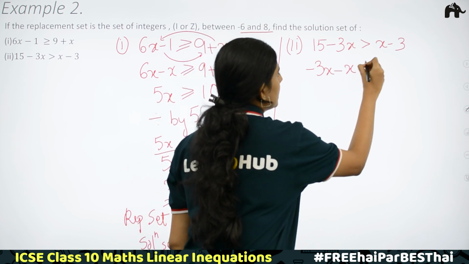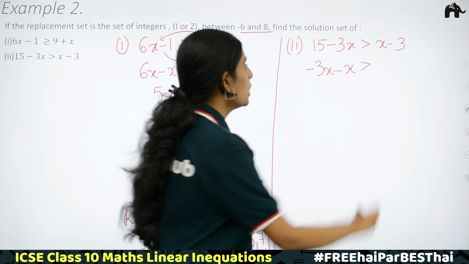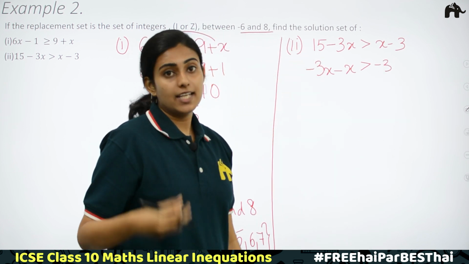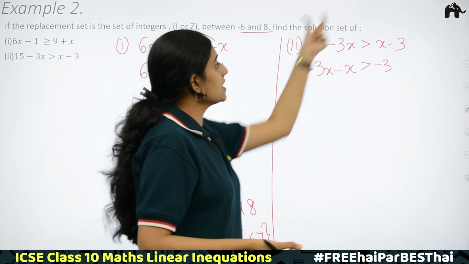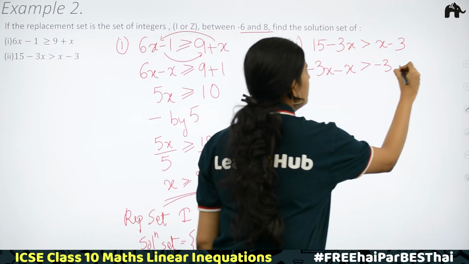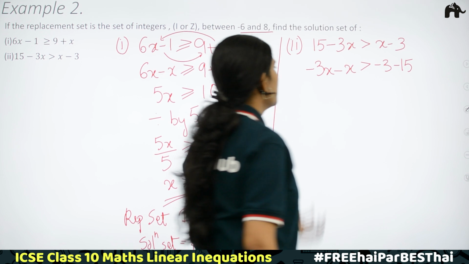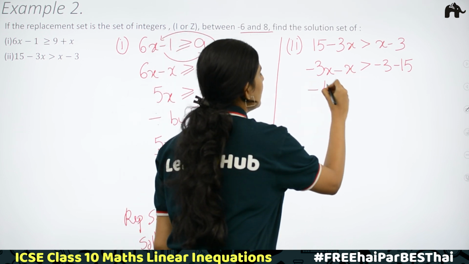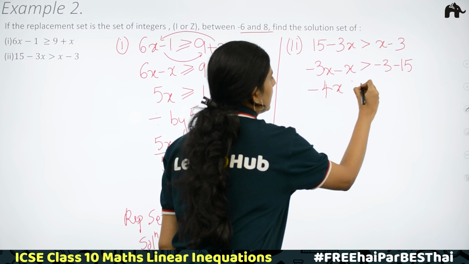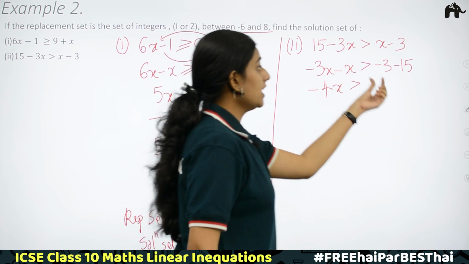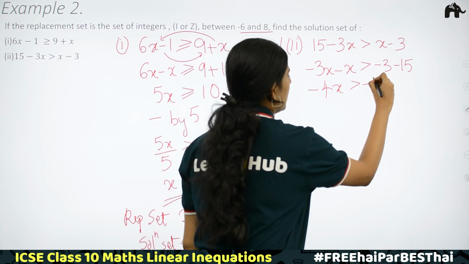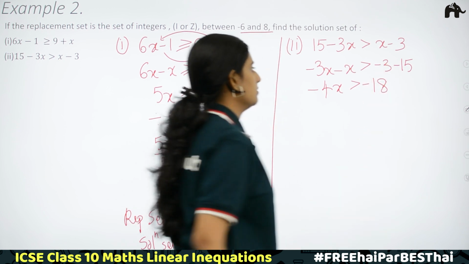Minus x greater than minus 3. What about this 15? It is positive. So, it becomes negative 15. Minus 3x minus x is minus 4x greater than minus 3 minus 15. You will be getting minus 18.